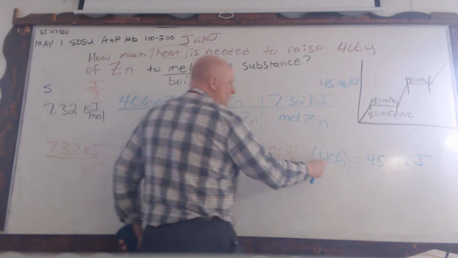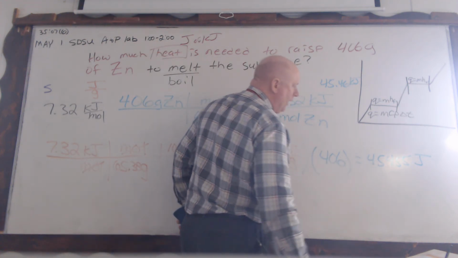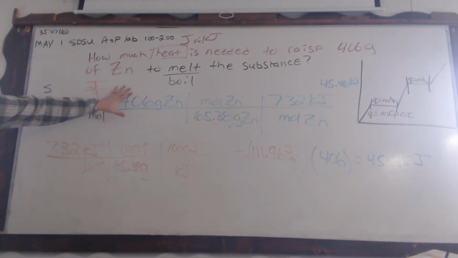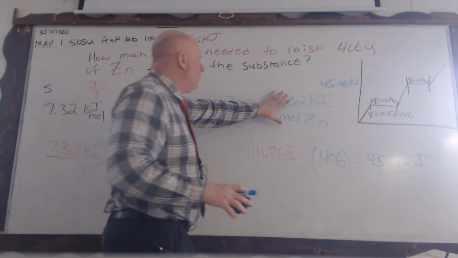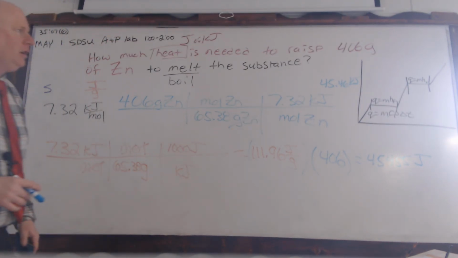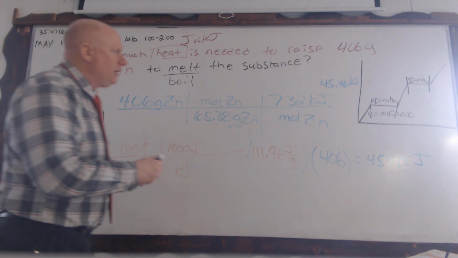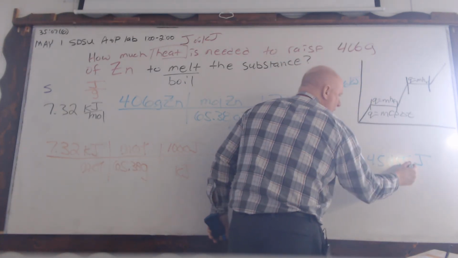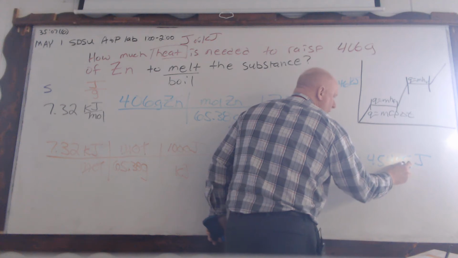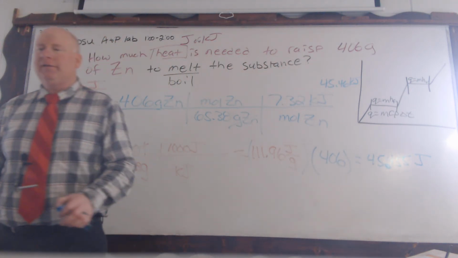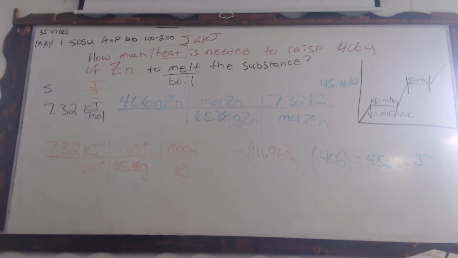So if you take it times the mass, you get 45,455 joules. If you want to be one of these individuals here, you're going to get 45.46 kilojoules. And then notice the only difference is these are much bigger, so you'd have to divide by 1,000. So you do get the same answer. It's just a different way of getting there.